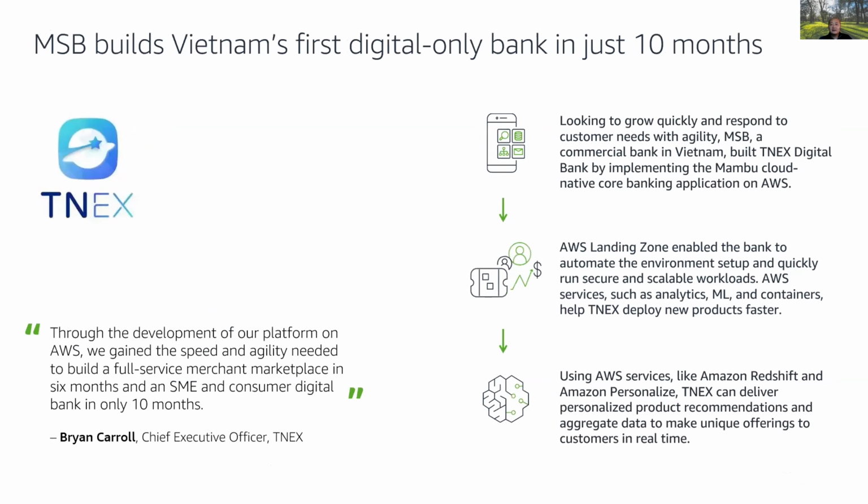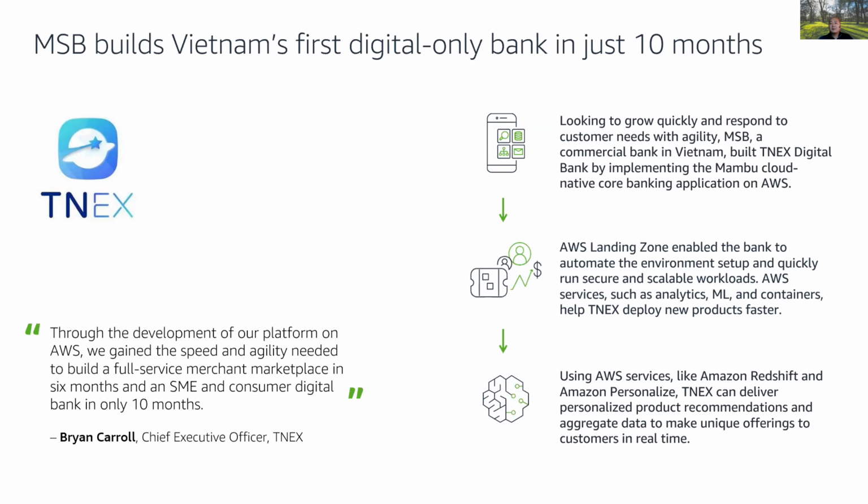Then the other example I want to show you here is for the customer who wants to stand up a digital bank from scratch using native AWS services. It's a bank in Vietnam, and as the title suggests, it developed a digital-only bank in just 10 months.